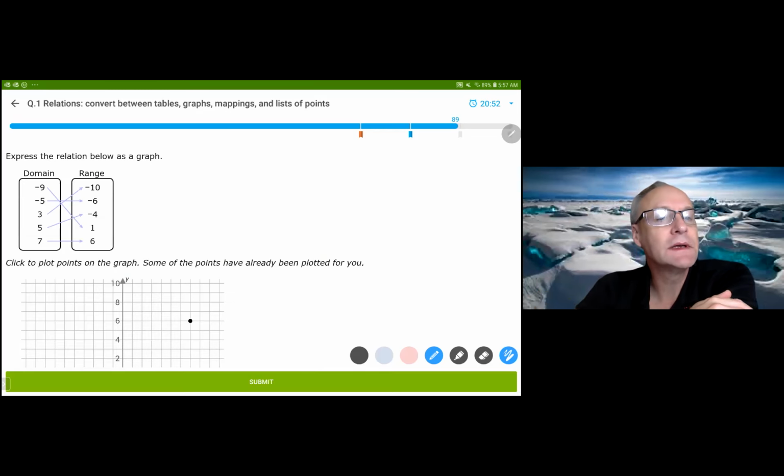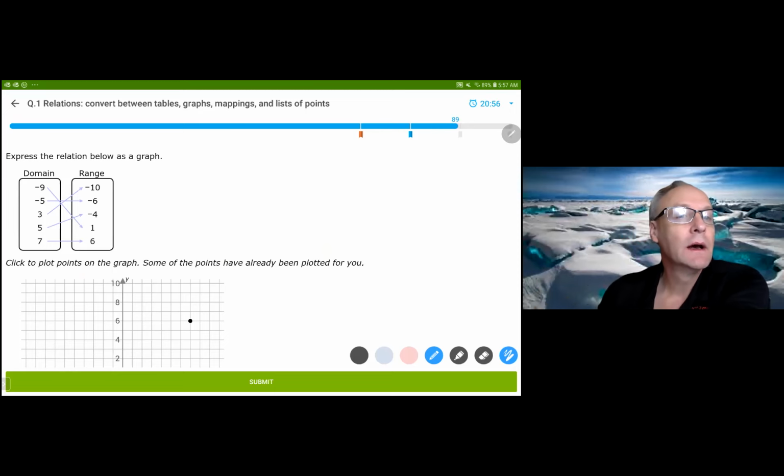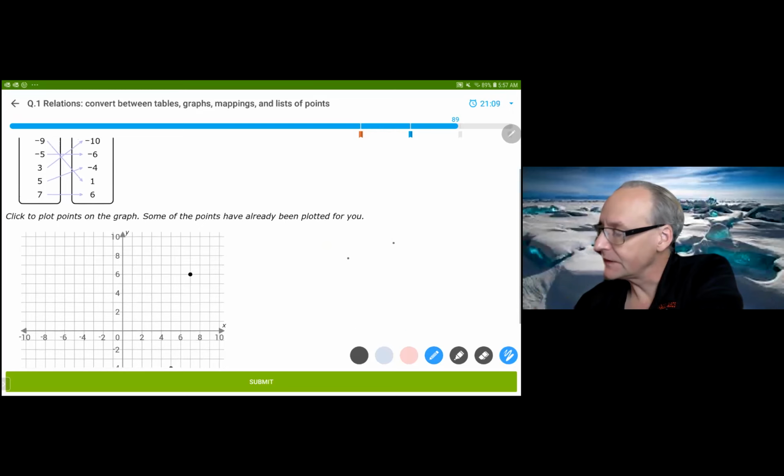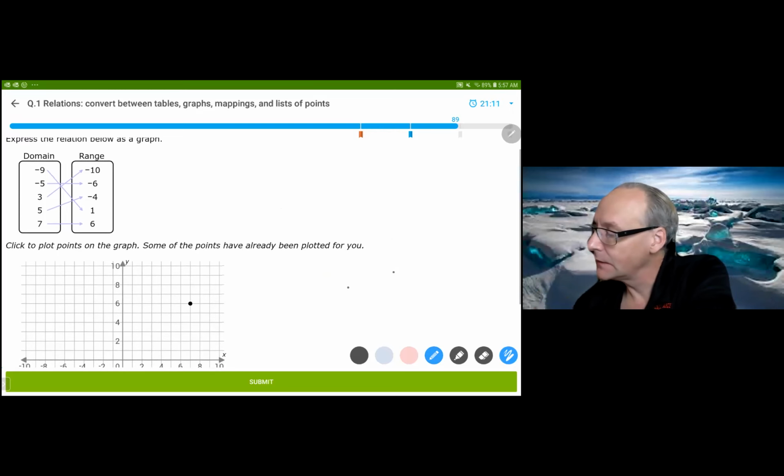Okay, express the relation as a graph. All right, so let's see, what do we got? By the way, this one is a function, and it looks like it might be a one-to-one. All right, so let's see here. I'm gonna have to write them down. What a pain.